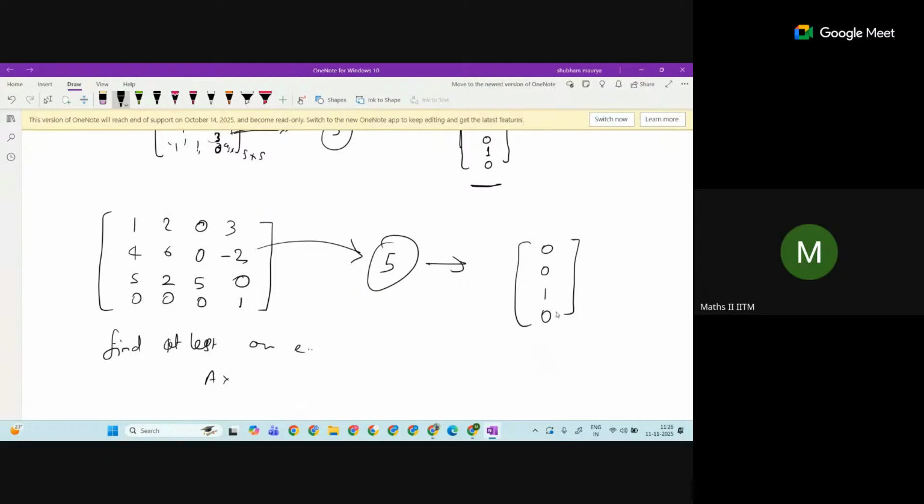Any thoughts? If you have matrix A with lambda eigenvalues, what is going to be the eigenvalues of A transpose? It should be lambda. It should be lambda. Why?